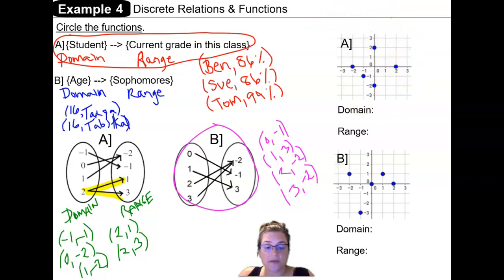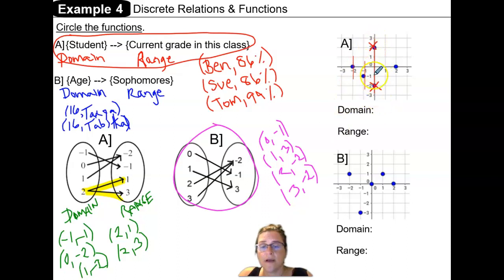So I'm going to go ahead and grab a vertical line here and I can see here at -2 that passes the vertical line test. Here at -1 passes the vertical line test. But when I draw a vertical line at 0 here on the graph, I can see that I have 2 points.